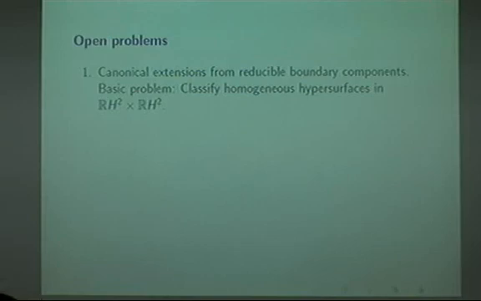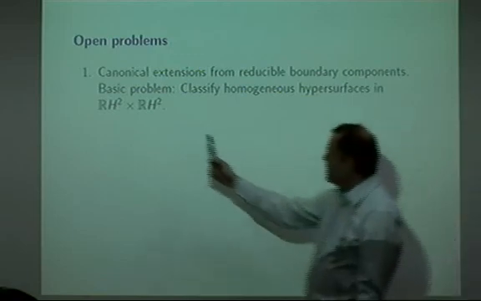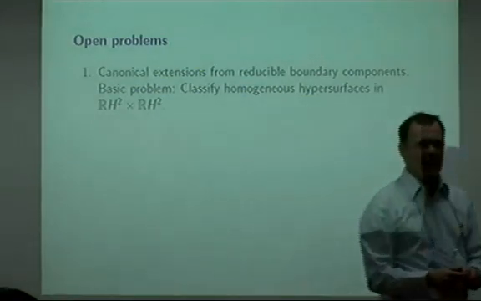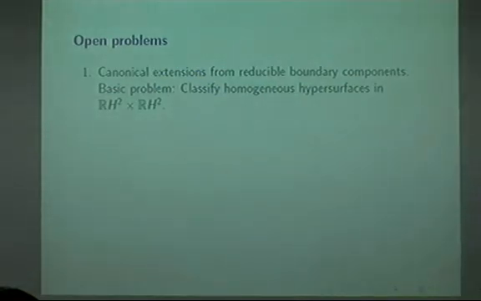One is, I said we reduce this problem by rank. Now sometimes this boundary component can be a product of two manifolds. And the problem is we don't know what the homogeneous hypersurfaces in products of manifolds are. Take this simple example, a product of two real hyperbolic planes. I think it is still not known what the homogeneous hypersurfaces are in this four-dimensional manifold.